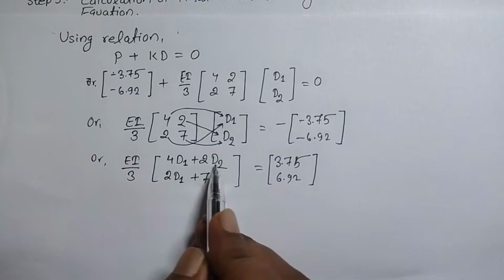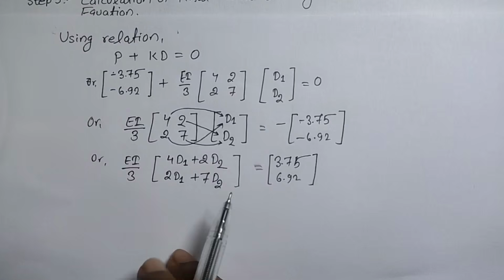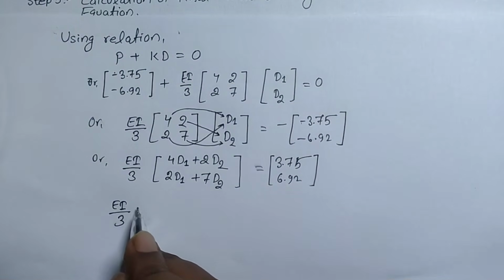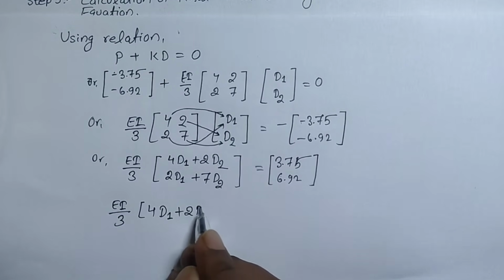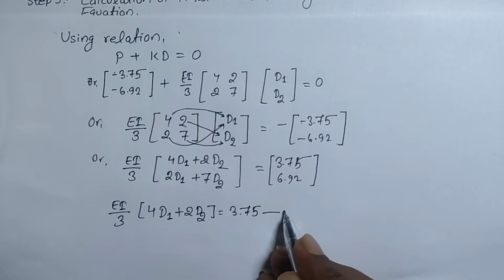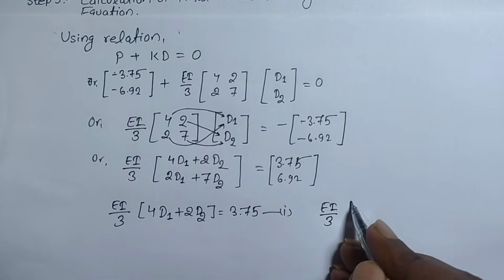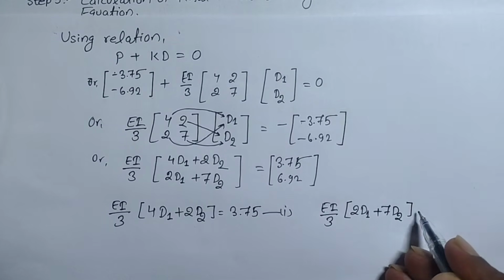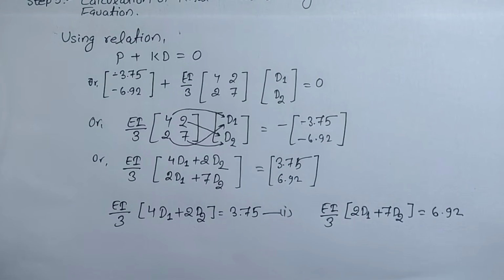So guys, you can see that it is taking the form of equations. So let us equate both sides. We will have two equations: EI by 3 times 4 D1 plus 2 D2 equals 3.75, this is our equation 1, and also EI by 3 times 2 D1 plus 7 D2 equals 6.92. On solving these two, we will get the values of D1 and D2.